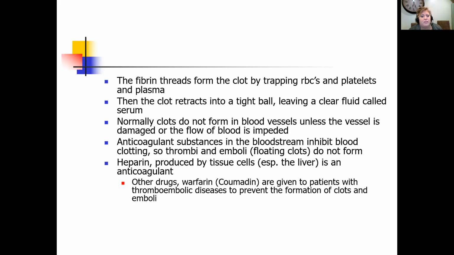Heparin, produced by the tissues, especially the liver, is a natural or body-made anticoagulant. We also have other anticoagulants that come in the form of drugs called warfarin, which is a generic for the trade name Coumadin. And these are given to patients with thromboembolic disease to prevent the formation of clots and emboli, or traveling clots.